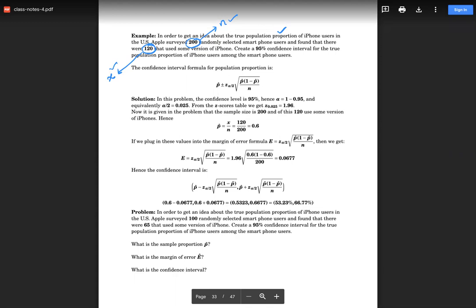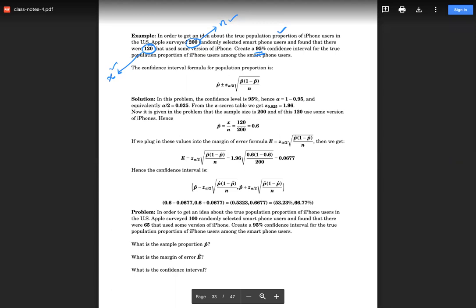In this case, you are looking for people that are users of iPhone. So create a 95% confidence interval for the true population proportion of iPhone users among the smartphone users.